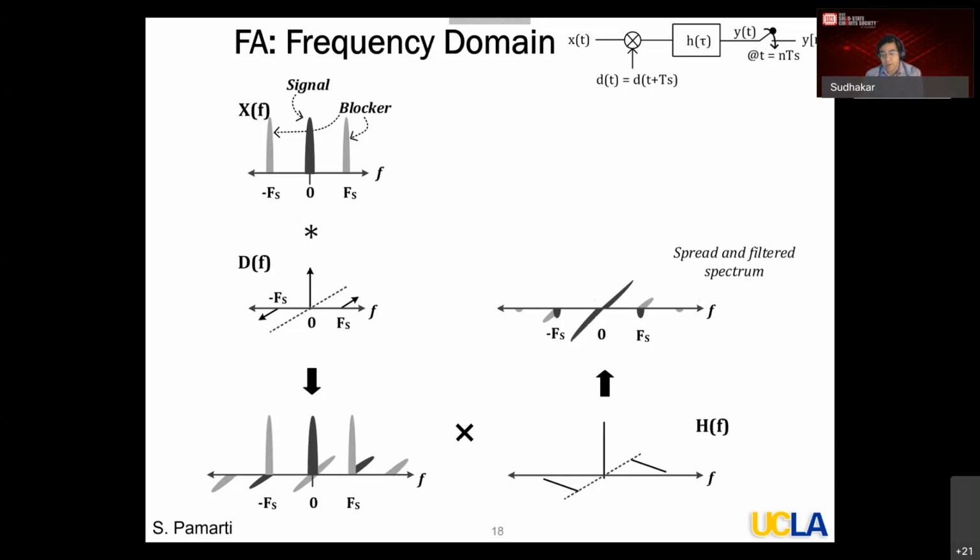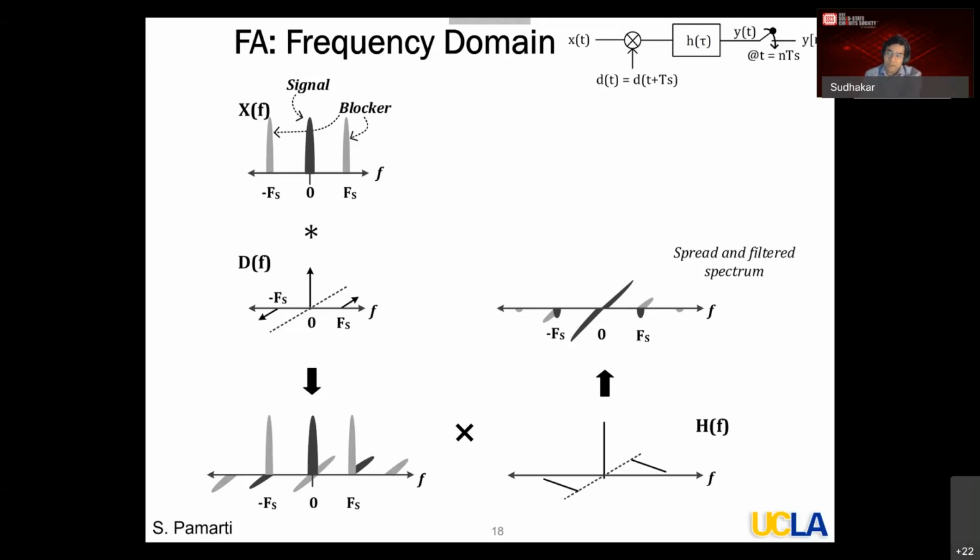But if I were to choose my d of t properly, I can make it such that when I sample them, the copies of the blockers that fall on top of each other can cancel out. If I did not do any filtering, then that won't work. Then if I simply sample, all the blocker copies will fall on top of each other constructively, and you will have a bad problem, aliasing problem.